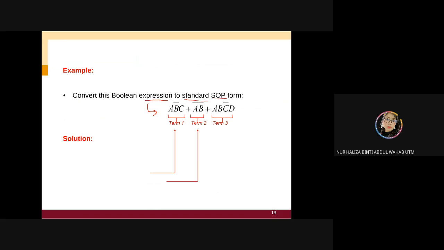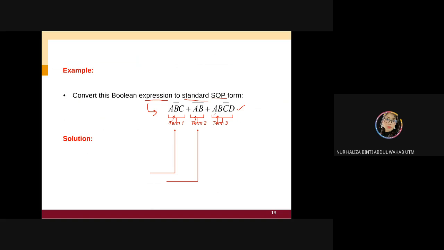Okay, so before we get started, convert the Boolean expression to the standard SOP form. You have A, B bar, C plus A bar, B bar plus A, B, C bar, D. And you have this product term, this product term, this product term. This is already full house.